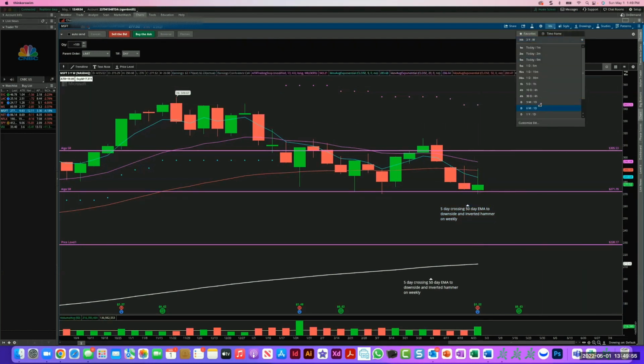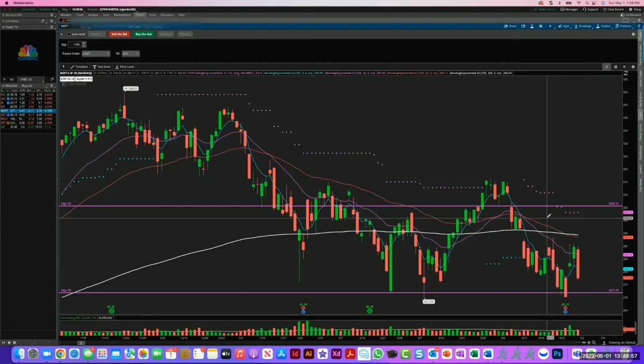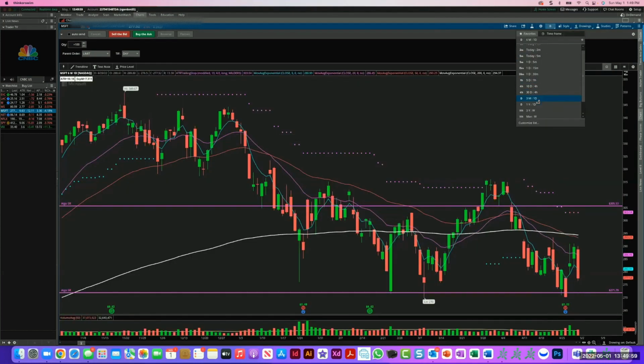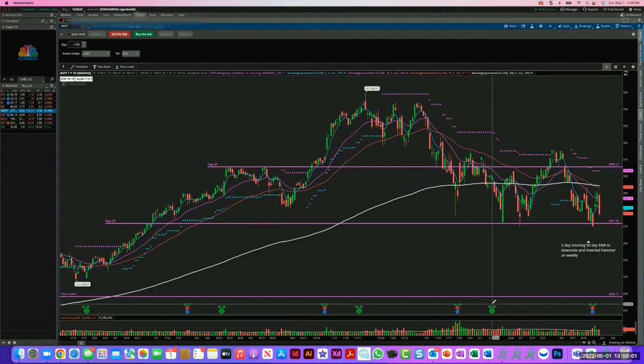Looking at it on a daily basis, let's look at a 1-year chart. Very volatile. And again, you see the head and shoulders pattern. So this is going to be key right here.